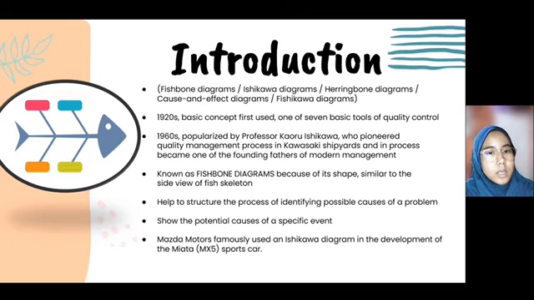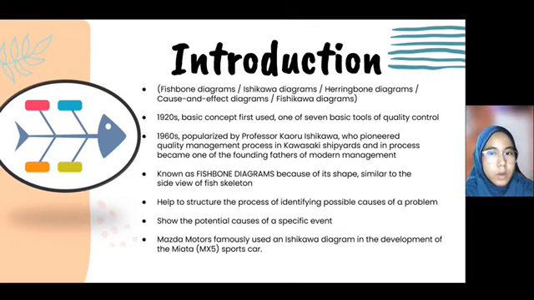Firstly, in the 1920s, the fishbone diagram was first used as a basic concept, as one of the 7 basic tools of quality control. And then in the 1960s, it became popularized by Professor Kaoru Ishikawa. As you can see, another name of the fishbone diagram is the Ishikawa diagram, which is the name of the Professor.